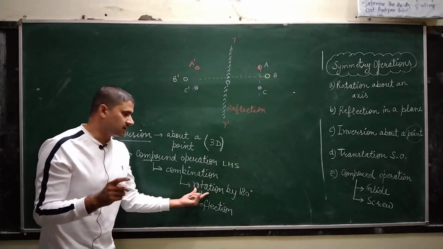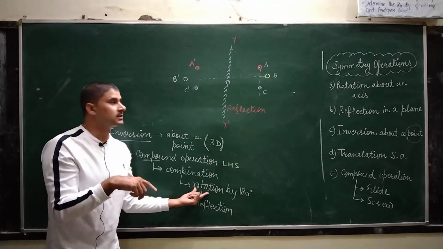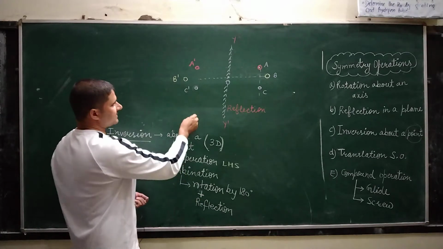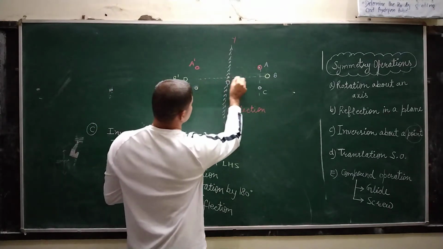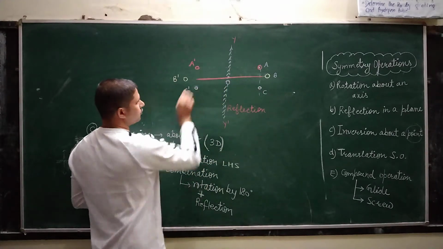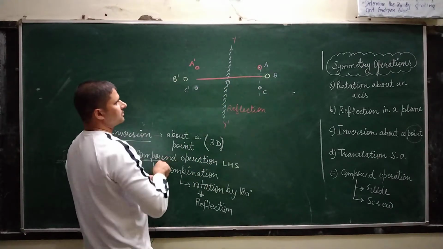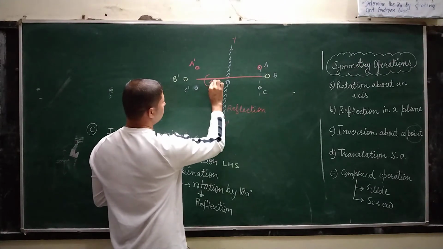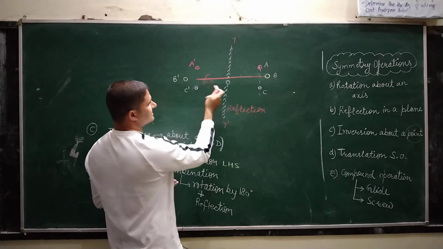Now we will rotate it by 180 degrees. So what will be the rotational axis? The rotational axis will be this one. If I rotate it by 180 degrees, this is the second step.